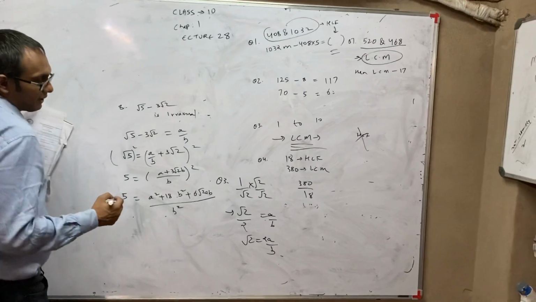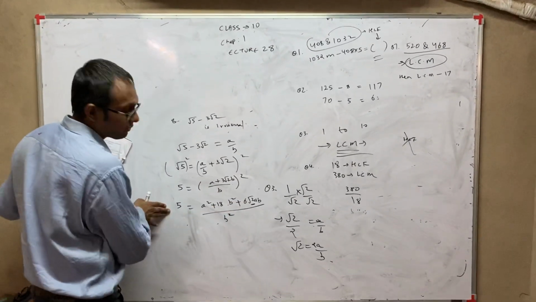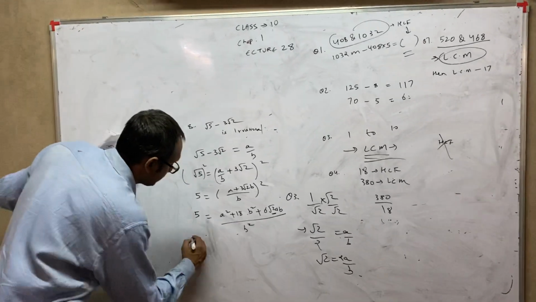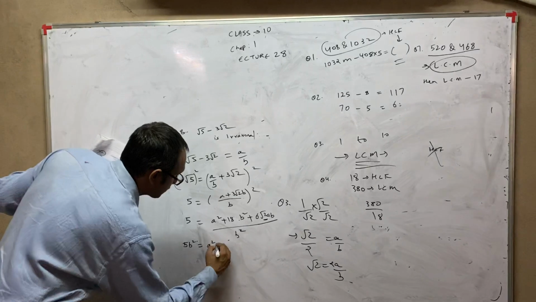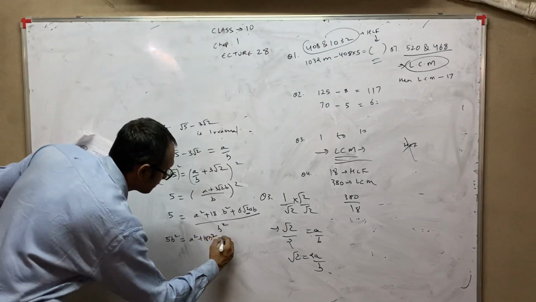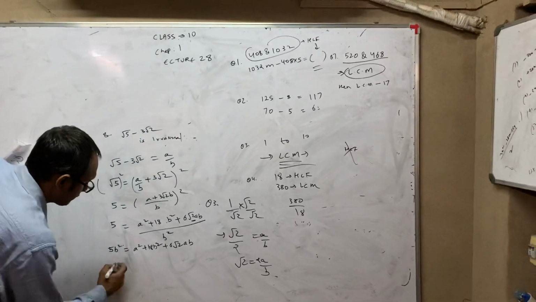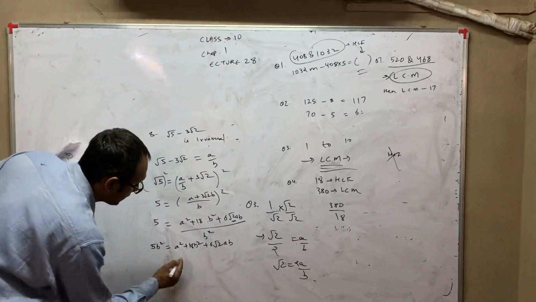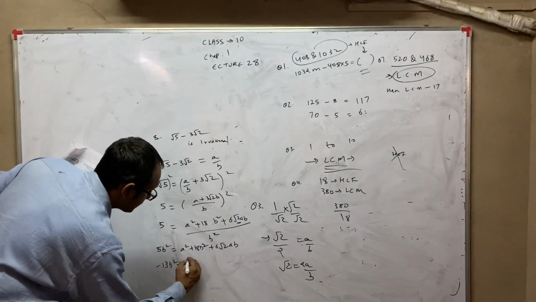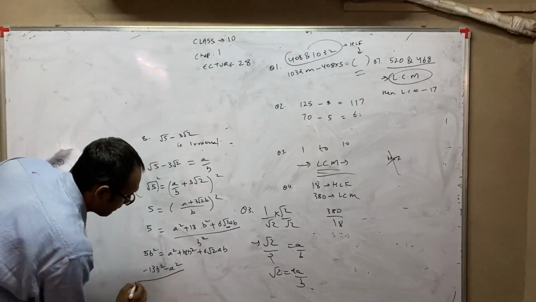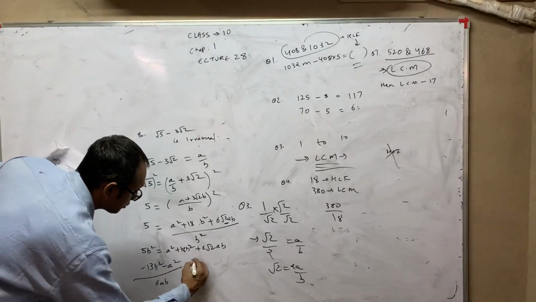Now the next step, I will just keep root 2 on one side and shift everything to the other side. So first this 5b squared will come here, so that 5b squared is equal to a squared plus 18b squared plus 6 root 2 ab. And taking 18b squared over, it will be minus 13b squared minus a squared upon 6ab is equal to root 2.